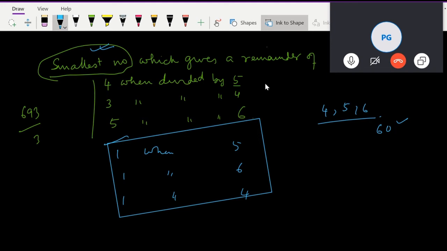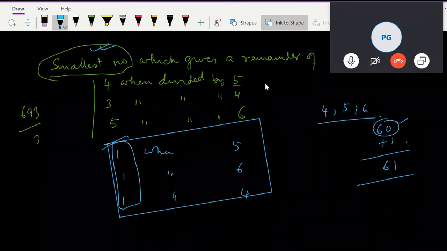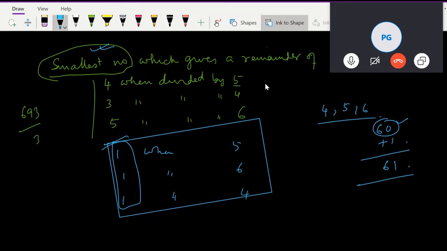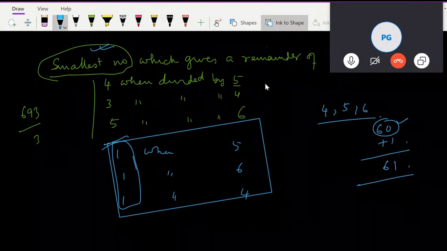By taking the LCM of 4, 5 and 6, it is 61, because this is a common remainder for all three. So I find the LCM and I add 1. 61 is the lowest number that will give me 1, 1, 1 for 4, 5 and 6.